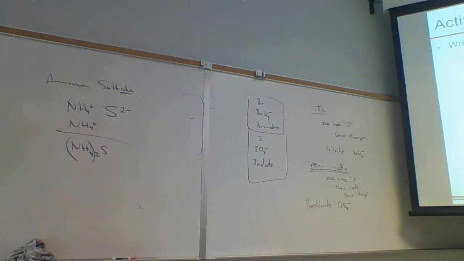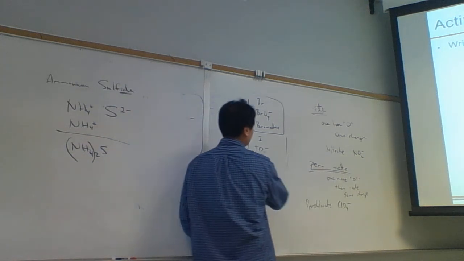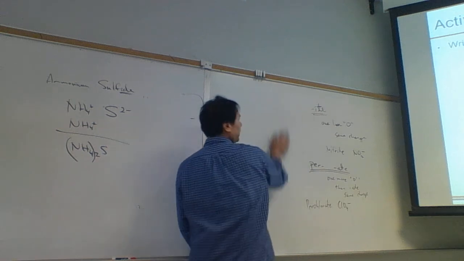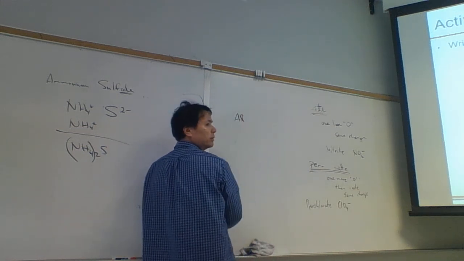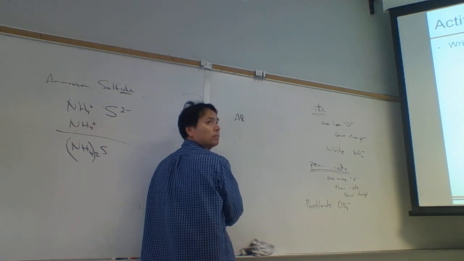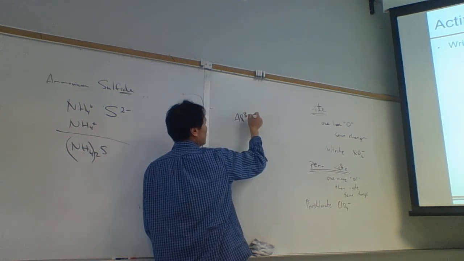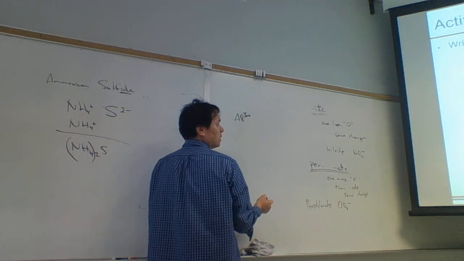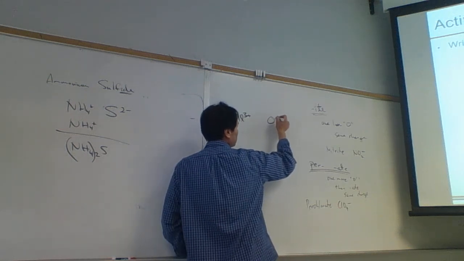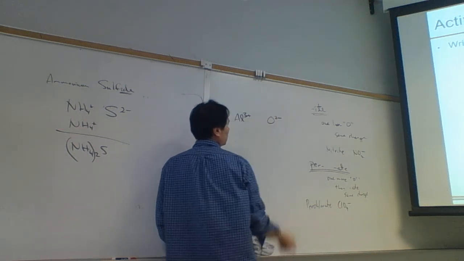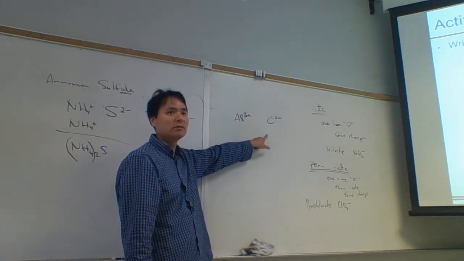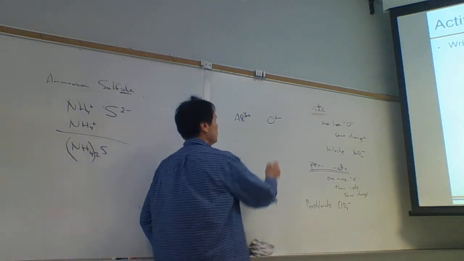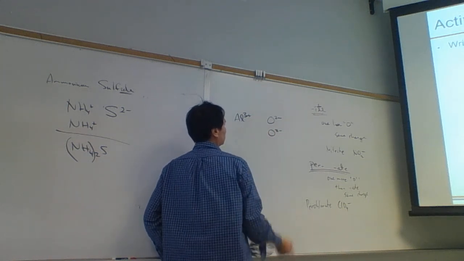Aluminum oxide and barium nitride. All right, aluminum. What's the charge on aluminum? 3 plus. Oxide, monatomic oxygen, likes what charge? We have too much positive, not enough negative, right? What if we put another oxygen here?